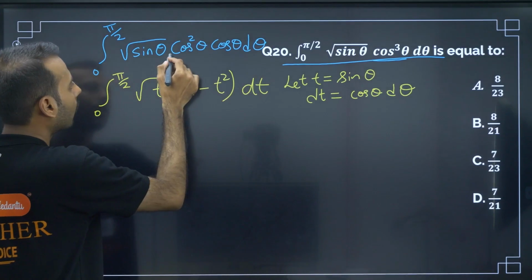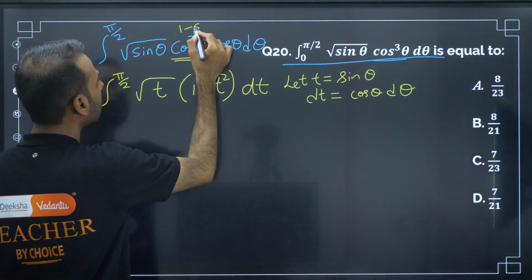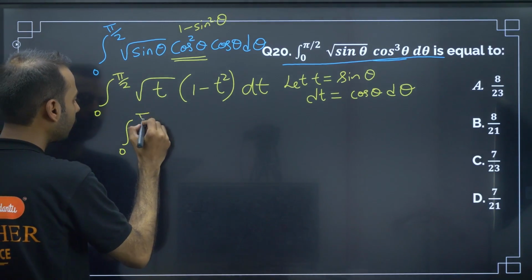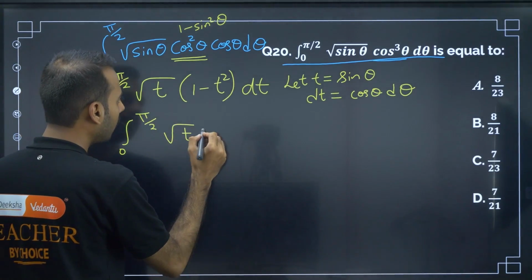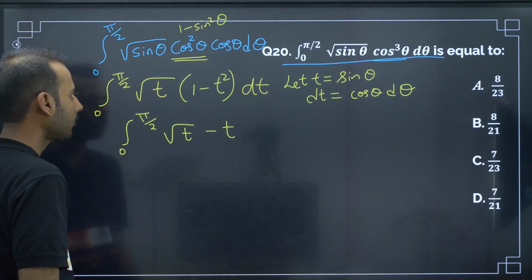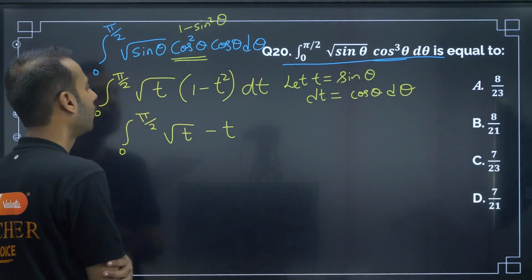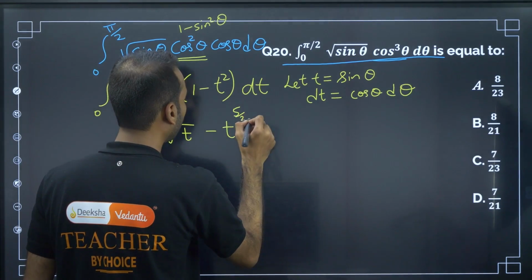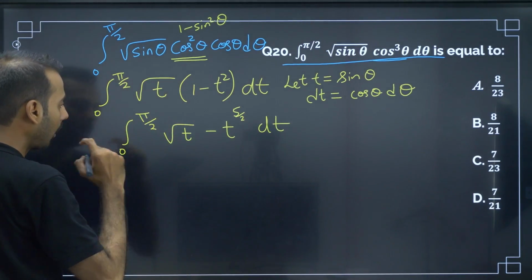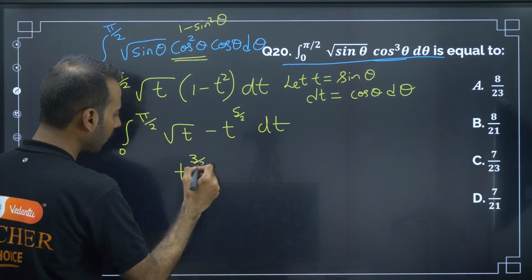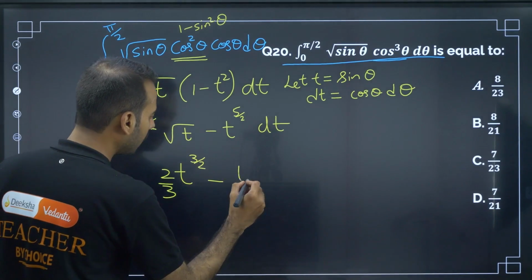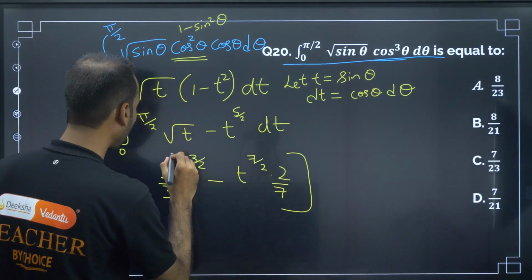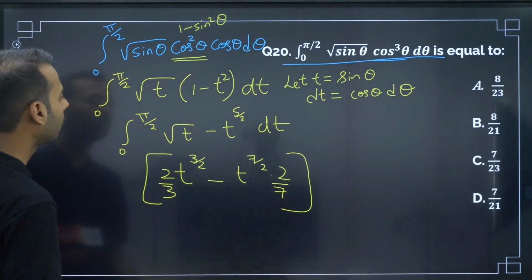Root t minus t to the power 2 plus 1 by 2, which is 5 by 2, dt. Now if I go for integration, t to the 3 by 2 times 2 by 3 minus t to the 7 by 2 times 2 by 7, and then upper limit lower limit substitution.